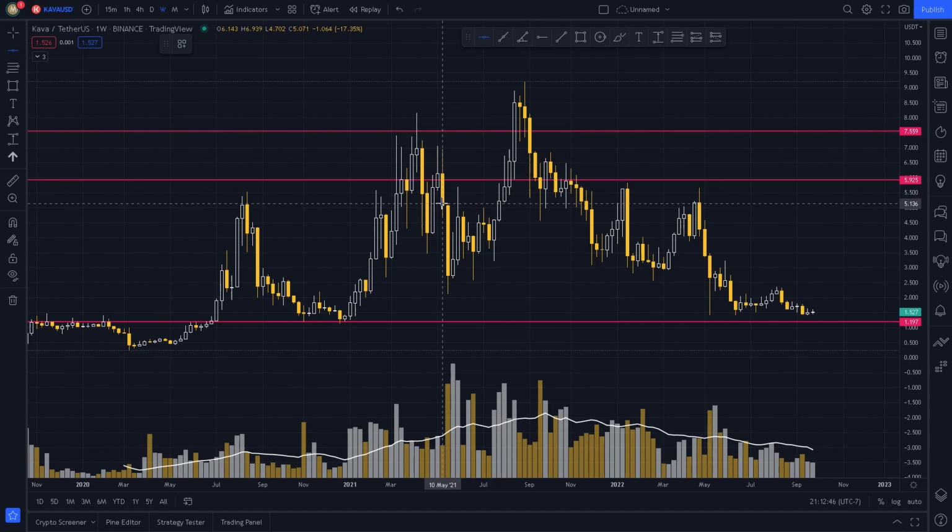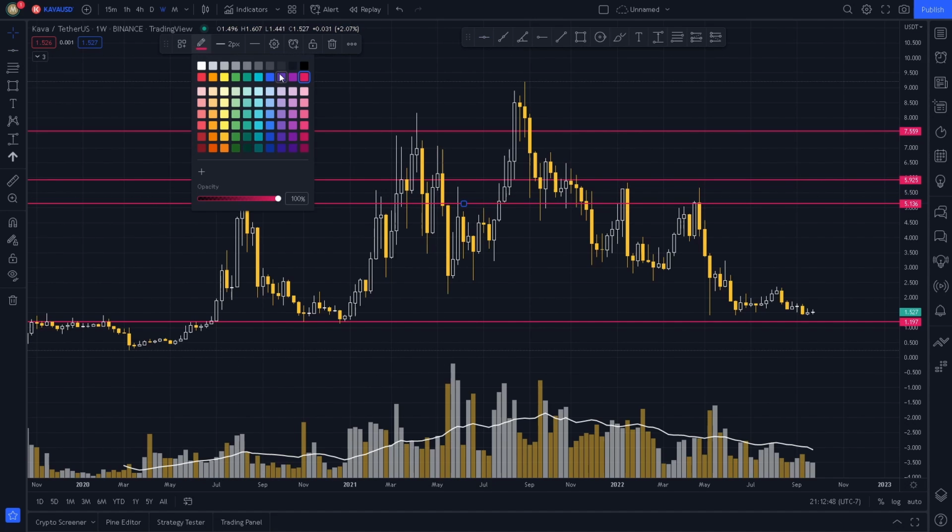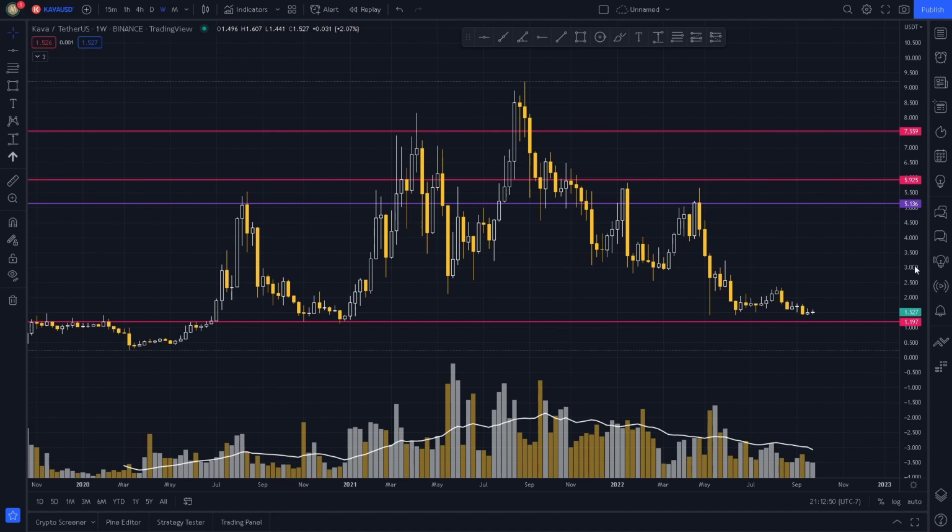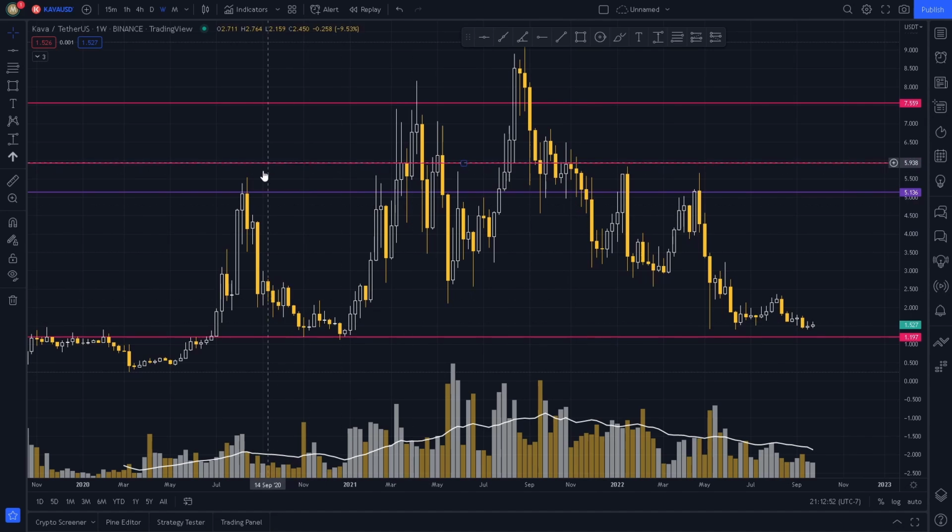So let's go ahead and plot this in and make sure we color coordinate it so we know it's a weekly level. And this is a bit better level, as we can see multiple reactions acted as both resistance and support, and we have drastic moves away from the level.